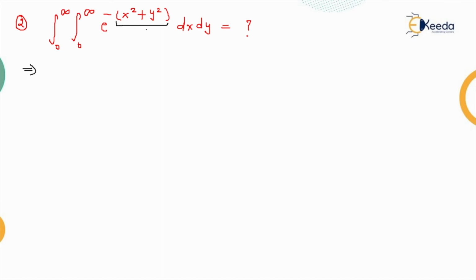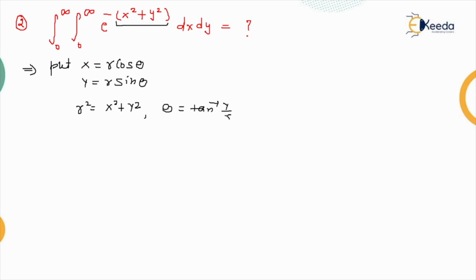In order to change it, first of all we put x equal to r cos theta and y equal to r sin theta, and from this relation we know very well that r square becomes x square plus y square, and theta becomes tangent inverse of y by x.